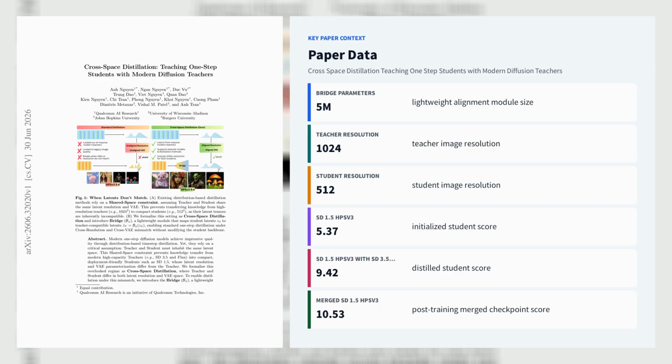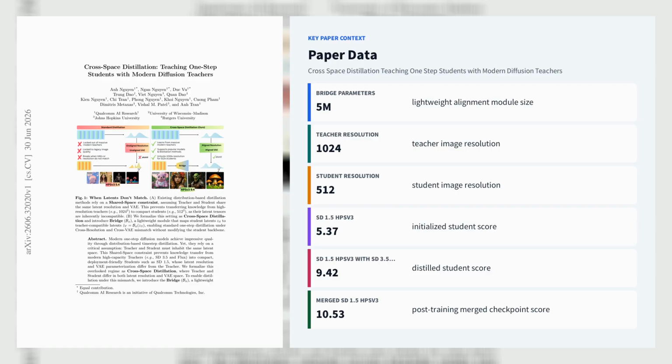The key module, Bridge, is a lightweight 5M parameter latent interface that reuses a frozen prefix of the student decoder as a spatial prior and learns a SwinIR projection head trained with L1 latent reconstruction and an attention fidelity loss using reverse KL on teacher self-attention.